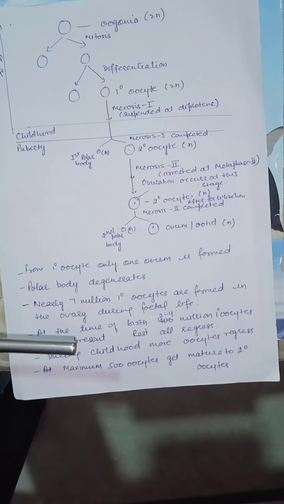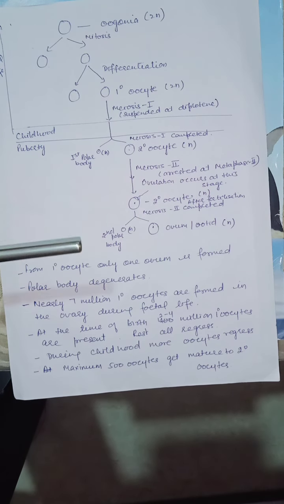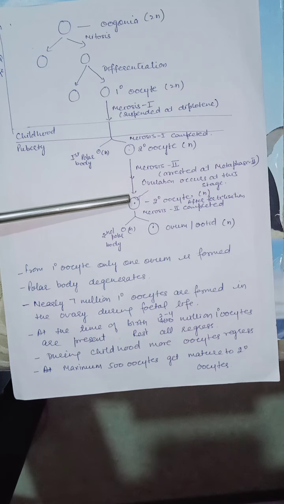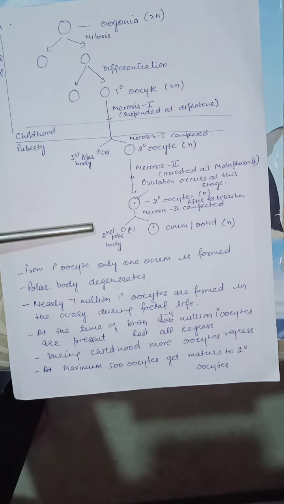Ovulation occurs at secondary oocyte stage, and this secondary oocyte enters into meiosis 2, but meiosis 2 remains arrested at metaphase 2. Meiosis 2 is completed on the arrival of the sperm. When meiosis 2 is completed, second polar body and ovum are formed. This ovum fuses with the nucleus of the sperm to form the zygote.